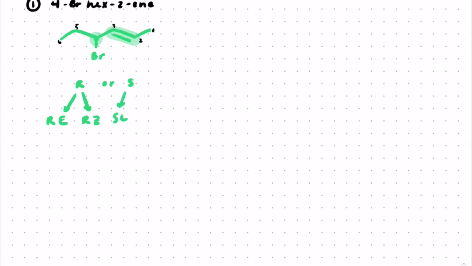And then we can break that down the same way on the other side. So we could have an S chiral center with an E alkene, or an S chiral center with a Z alkene. So those are going to be our 4 possibilities, right? And we could have determined that using our 2 to the n formula, so 2 to the n equals the number of stereoisomers total. This is just a more concrete visual way of breaking down that same information.